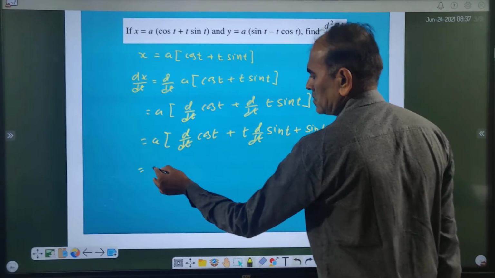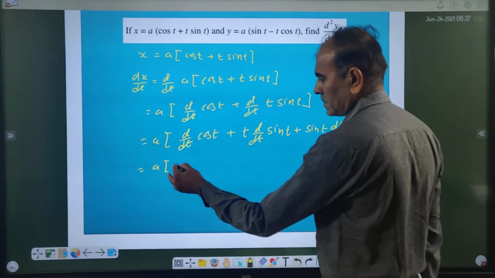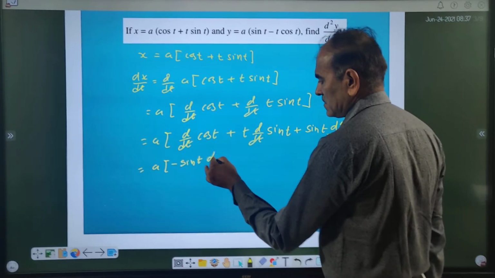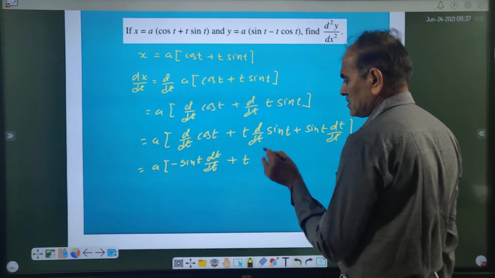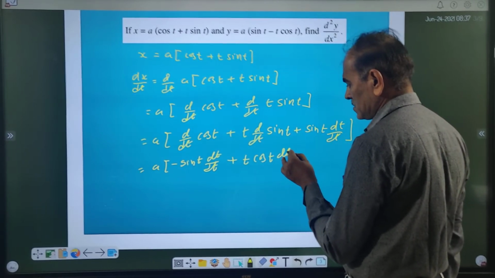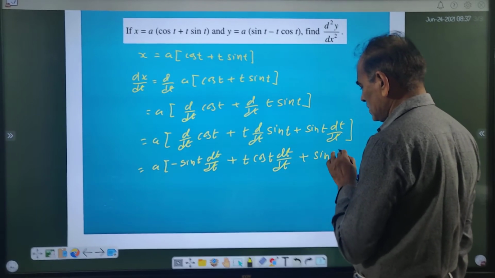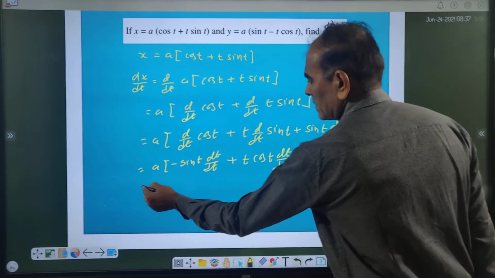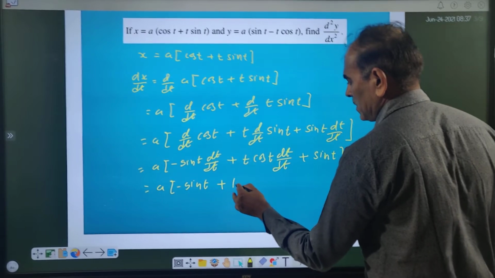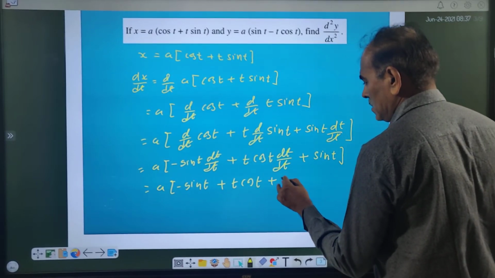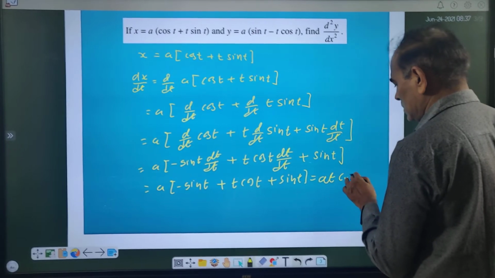So that is equal to a of minus sin t plus t cos t plus sin t, because d by dt of t is 1. Now the sin t terms cancel. What we get? a t cos t.